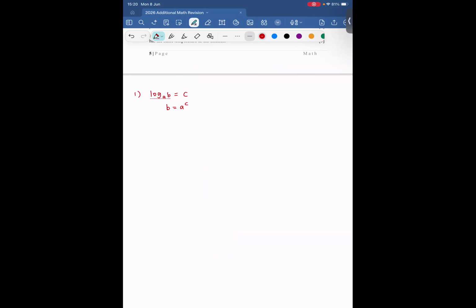So this one very important. Without this, you cannot do any log. You cannot solve any log equation, okay? Because you need this. Without this, you don't know how to get rid of your log.